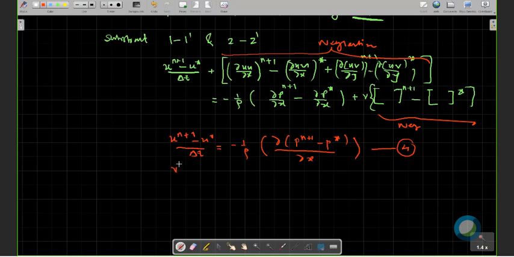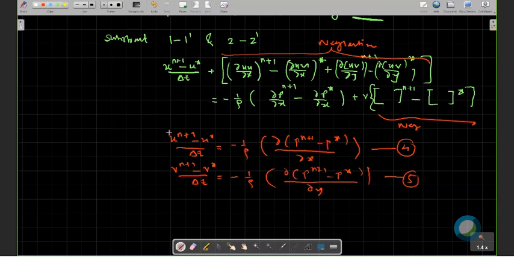You can get similarly the v equation, v n plus 1 minus v star over delta t is equal to minus 1 by rho del p n plus 1 minus p star, del y, equation number 5. So you can write these terms as u prime and v prime.